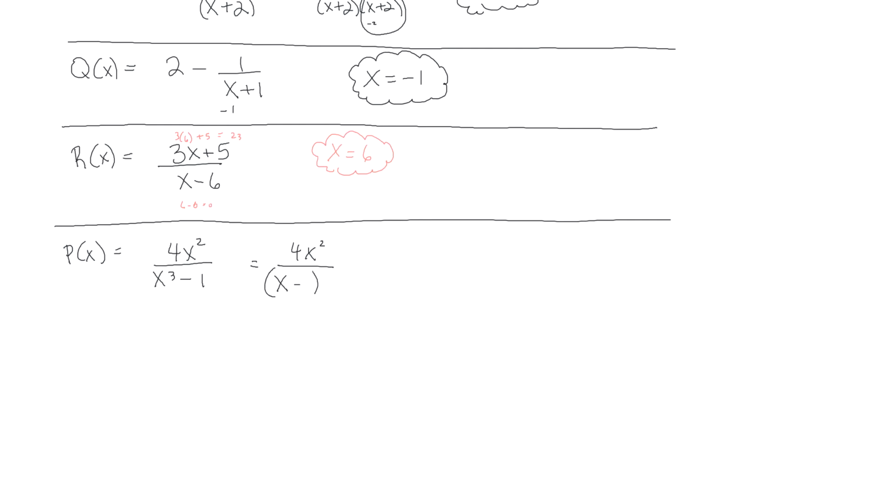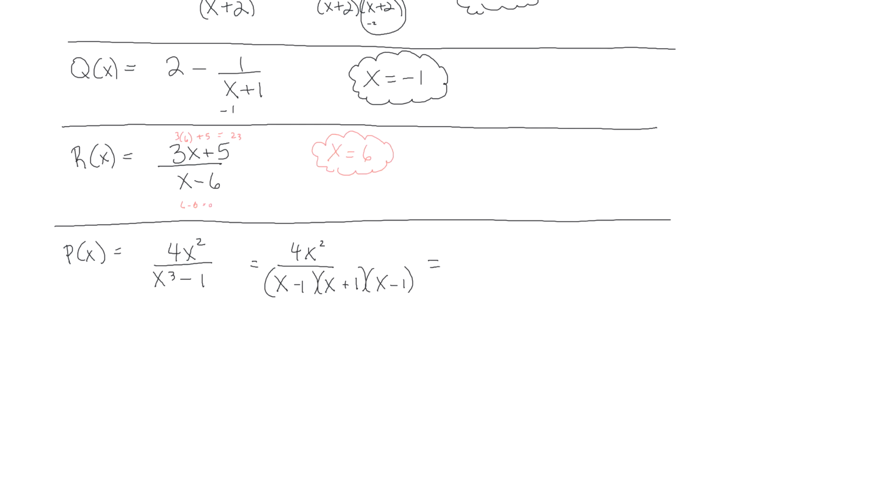X minus 1 times x minus plus. I think it's been a while. I think it's all -1. Yeah, I think this is all -1. I'm not sure. It doesn't matter.